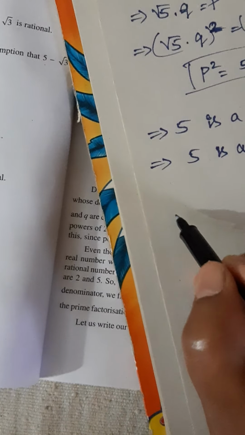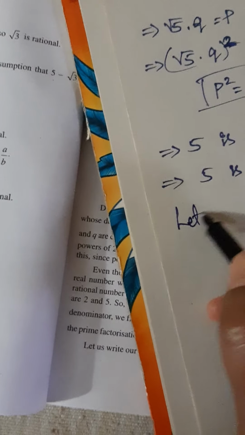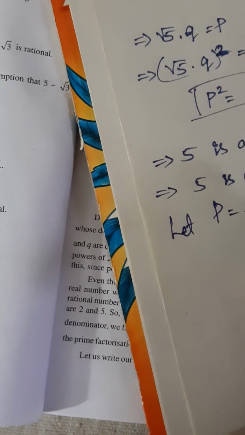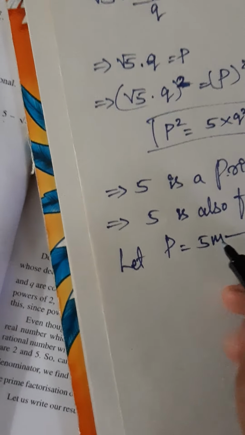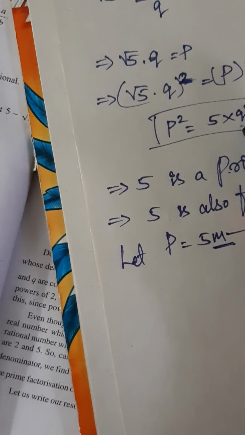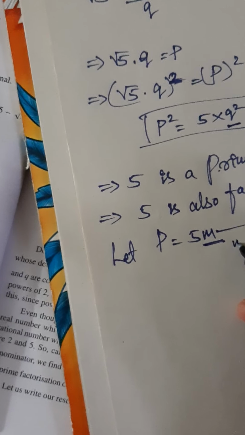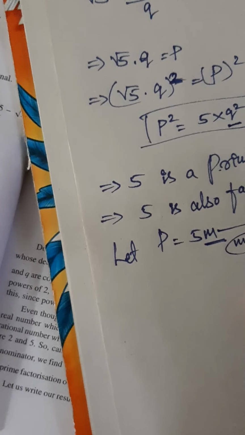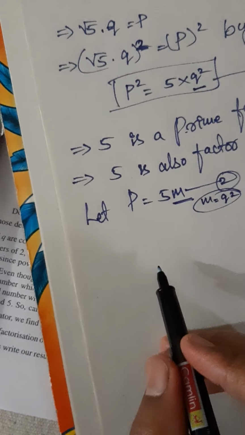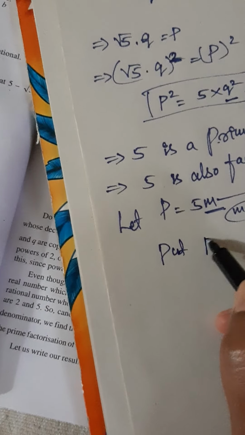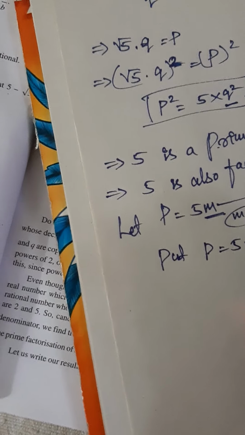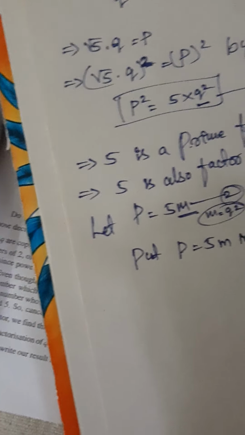Now next, let p is equal to 5m, that is equation 2. Here m we have taken as a new variable. Put p is equal to 5m in equation 1.